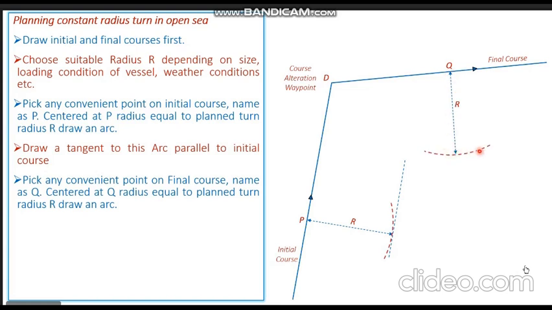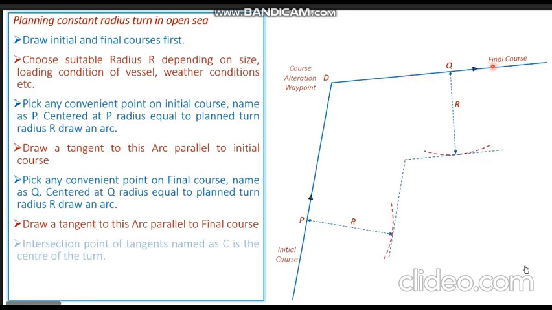You can see the arc also coming up. Now we align our parallel ruler to the final course, transfer that ruler to this arc and draw a tangent. So you see the tangent to the second arc coming up. This tangent is parallel to our final course.